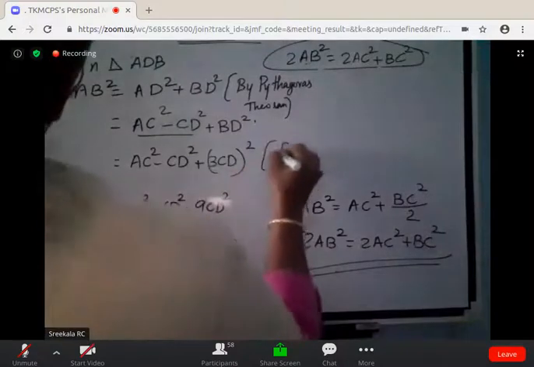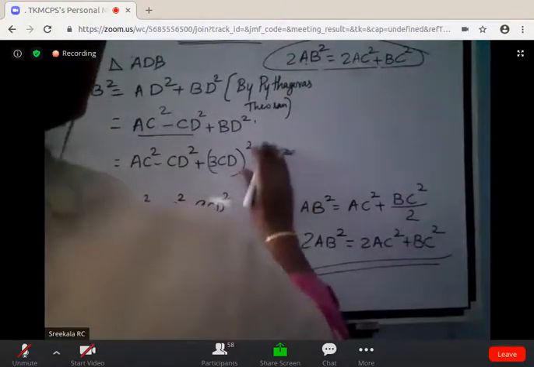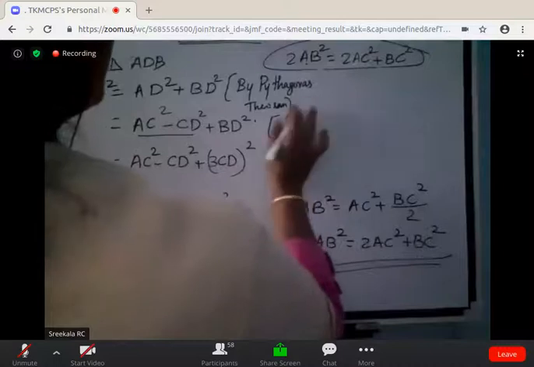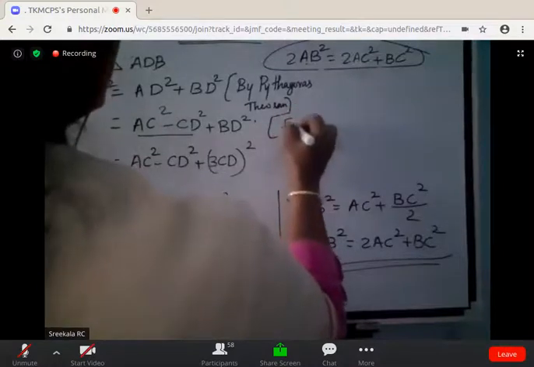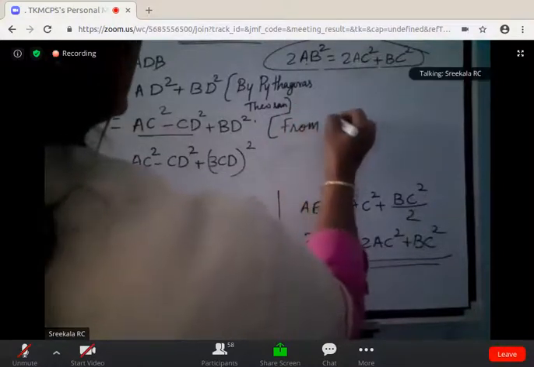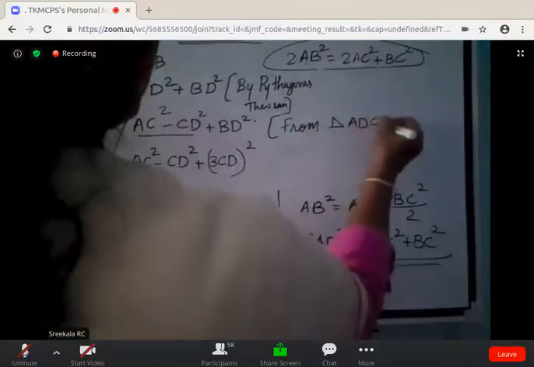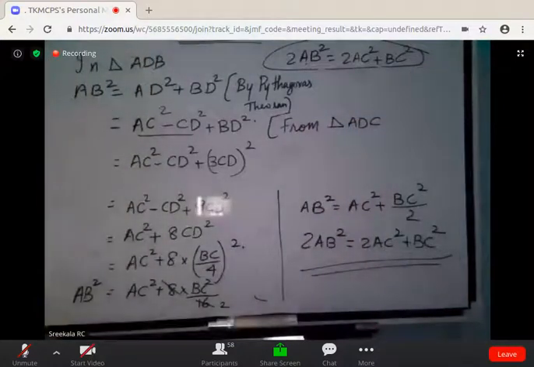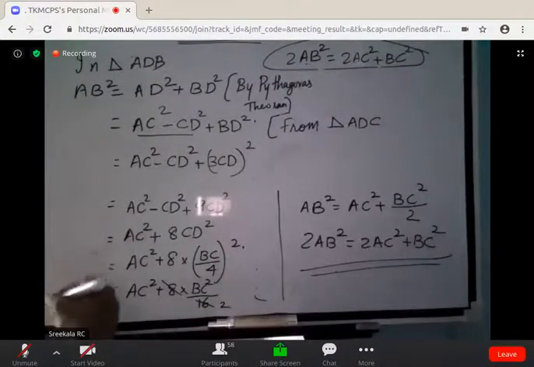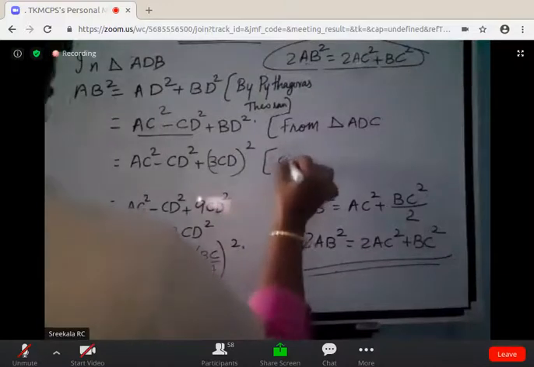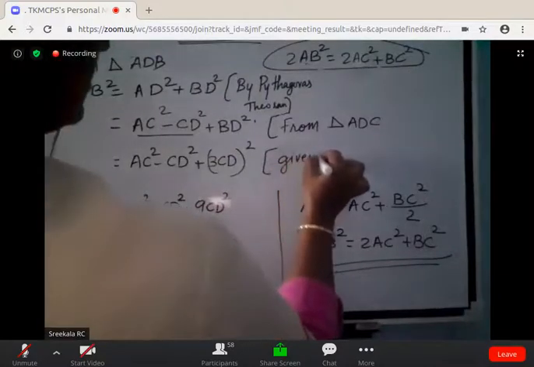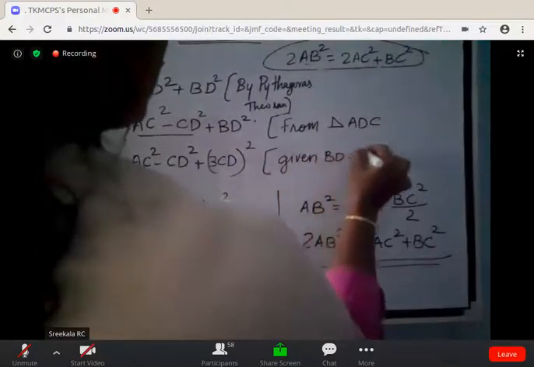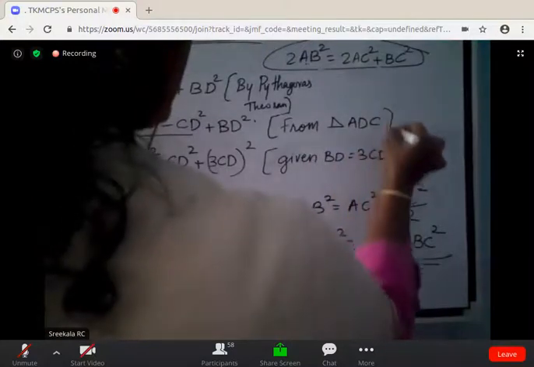From right triangle ADC. Here you have to write given BD equal to 3 CD.